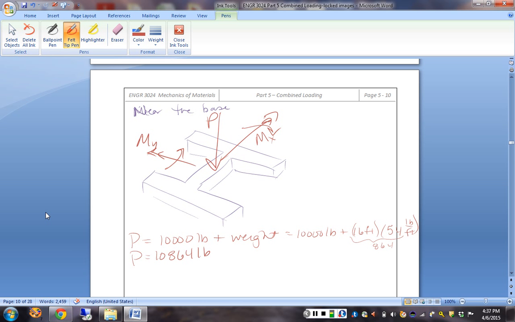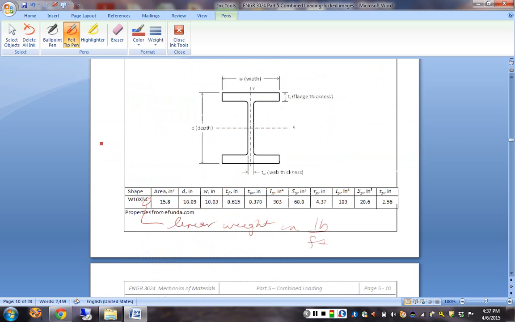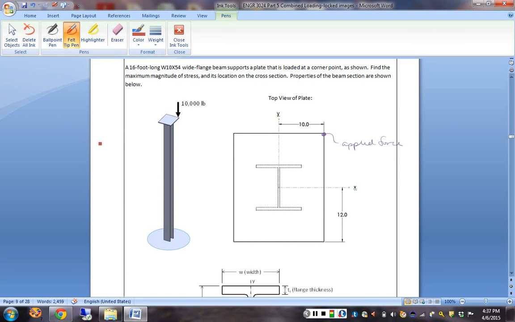All right. How about our moment reactions? We've got a 10,000 pound force. What's the moment arm for the moment about the x-axis? If I'm talking about the moment this way, what's the moment arm for that force? That's the 12. And the moment arm that would make it this way, moment about y, is the 10.